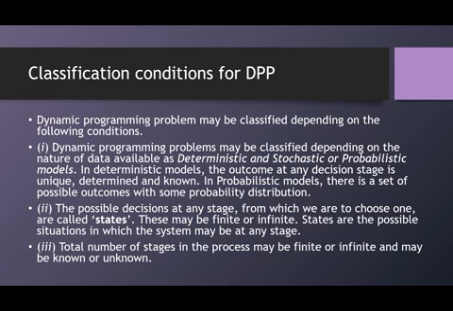Anyway, we will be defining these terminologies in the next slide. The total number of stages in the process may be finite or infinite and may be known to us or sometimes even unknown, right? These are the conditions based on which we decide whether the problem can be classified as a dynamic programming problem or not.